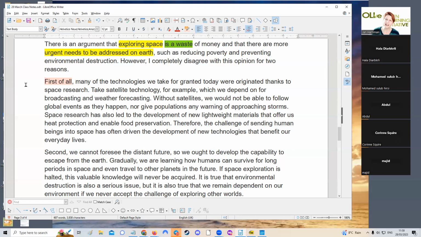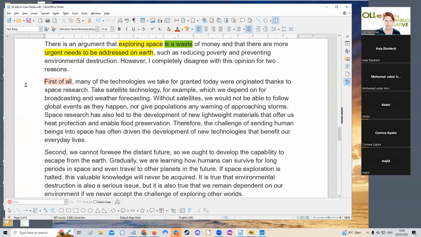We call these signposts. Another way of describing these words is signposting language. They're linking language, but they're signposts. They're like road signs, like the street signs that tell you what street you're on when you're walking. They're signs that tell you where you are in the essay.